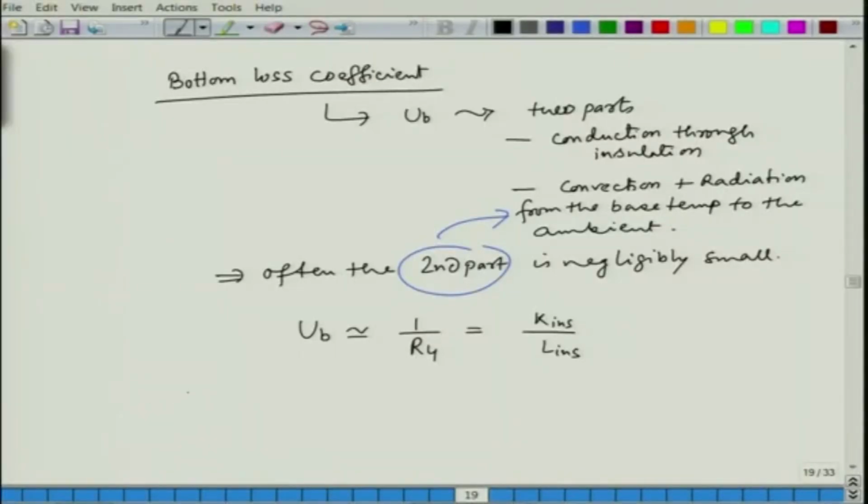Okay. Now, another part we neglected to start with, but at some point we have to introduce it, right. So, the edge loss coefficient.